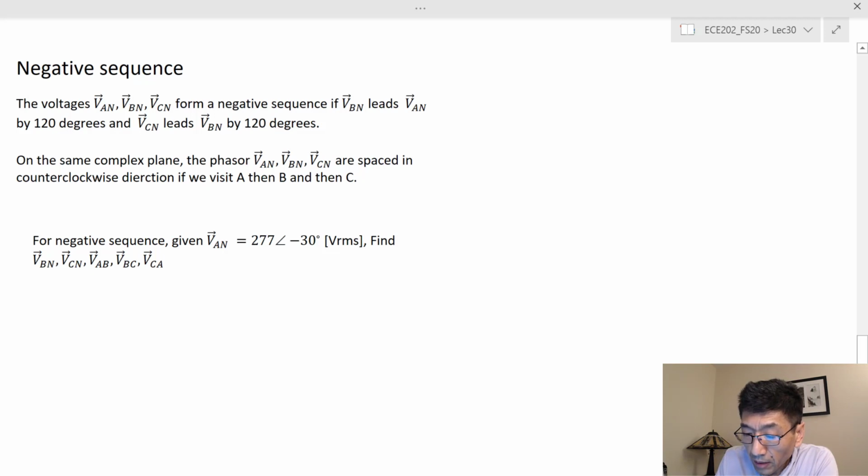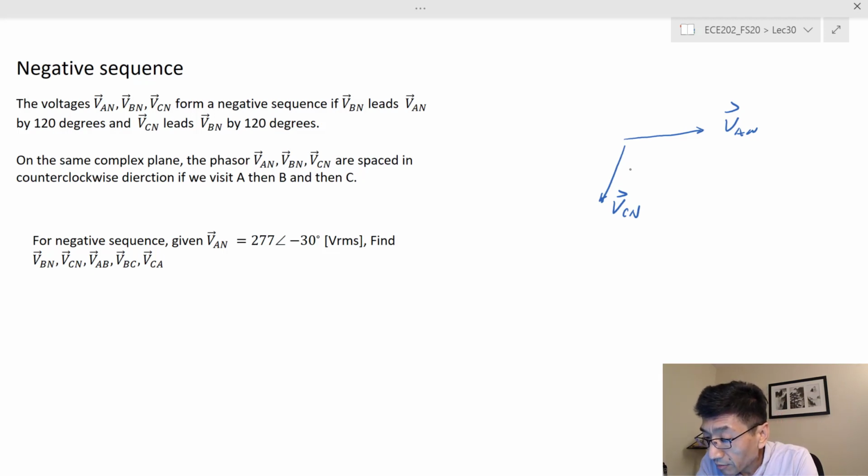And so if you draw the phasor diagram, let's see if you have VAB, VAN, and now instead of being VBN, now is VCN, because VCN is the leading.